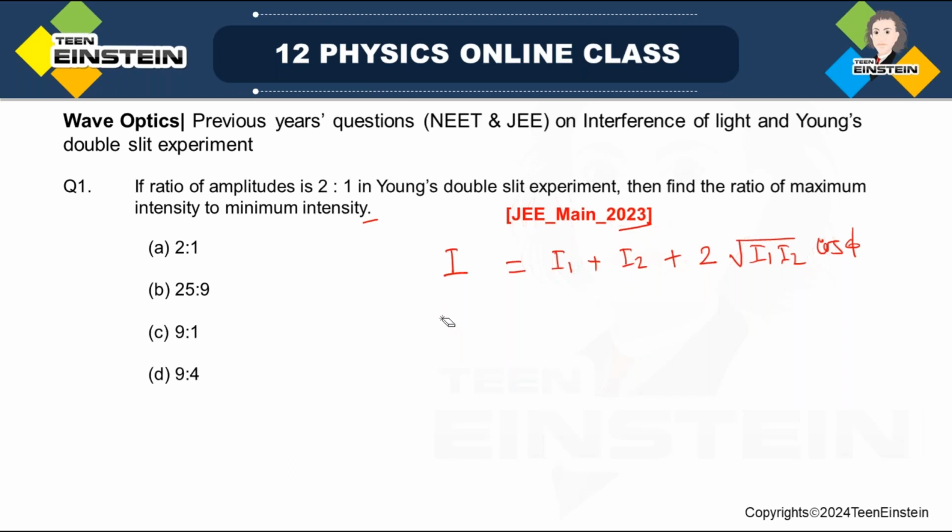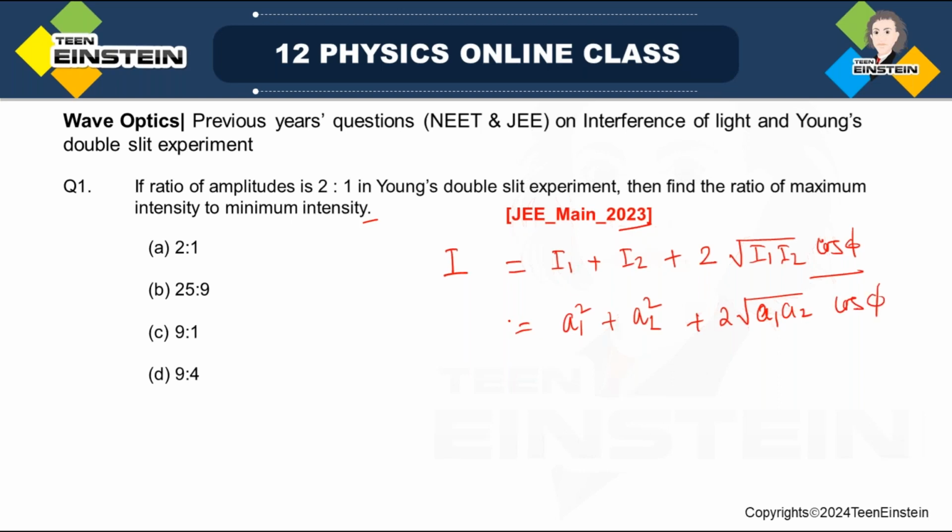The ratio of amplitude is given, so I have to write in terms of amplitude. So this will be A1 square plus A2 square plus 2 A1 A2 cos phi.